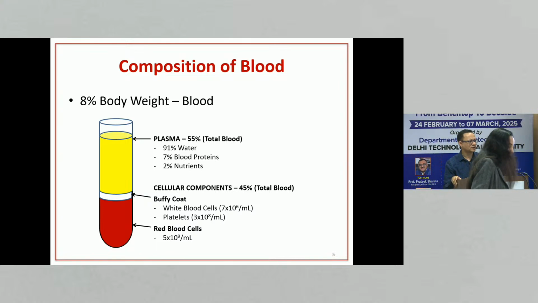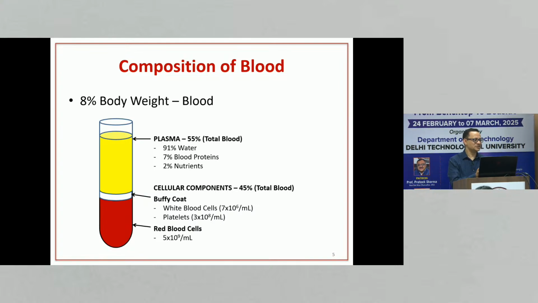Why do you think blood clots? It's not very desirable for us. In case of any injury or wound, if the blood tends to flow out of the body, it needs to be stopped. Great. So blood clots because if you get an injury, you want the blood to clot. If blood won't clot, we will bleed to death, right?